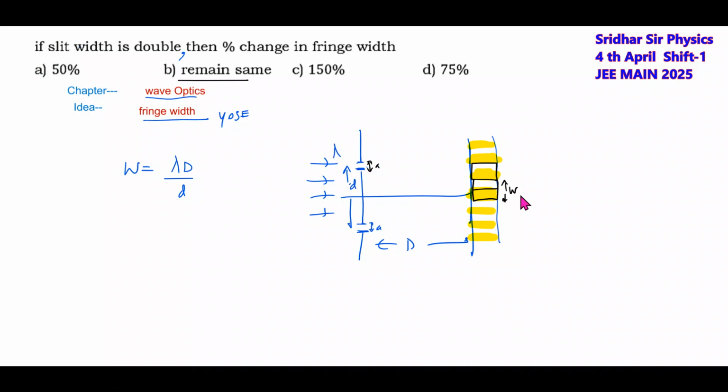This A will not have an effect on W, but the fringe pattern will become less sharp if A doubles. Less sharp means we will find it very difficult to identify which is a bright and dark fringe. Suppose there's a dark fringe here, it's very difficult to identify the bright and dark bands.